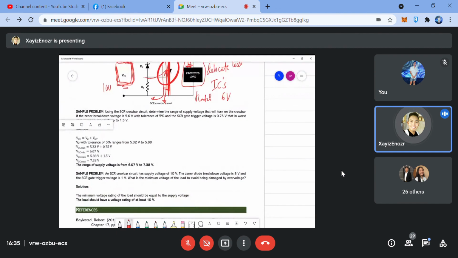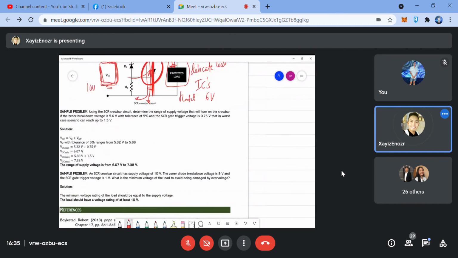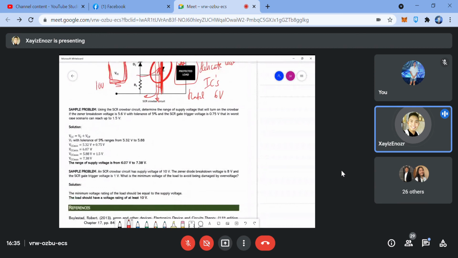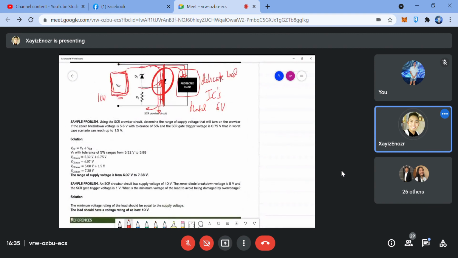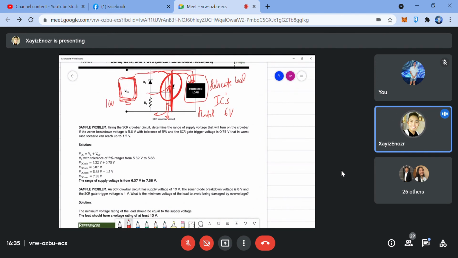Okay, so let's take some examples here. Using the SCR crowbar circuit, determine the range of supply voltage that will turn on the crowbar if the zener breakdown voltage is 5.6 volts with tolerance of 5% and the SCR gate trigger voltage is 0.75 volts, that in worst case scenario can reach up to 1.5 volts.